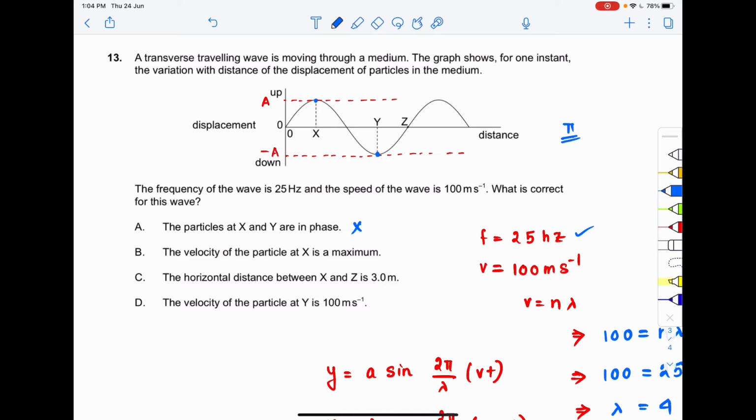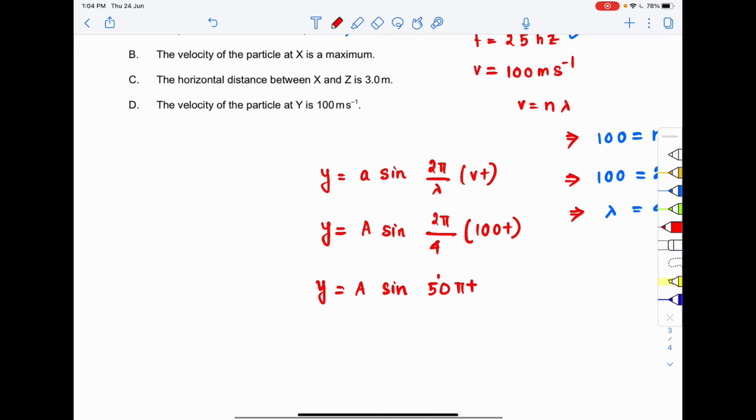Option B: the velocity of the particle at x is maximum. Let us see.